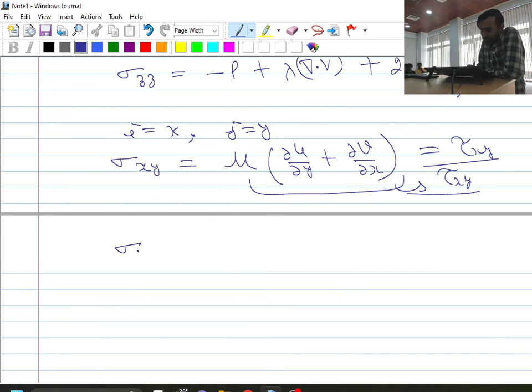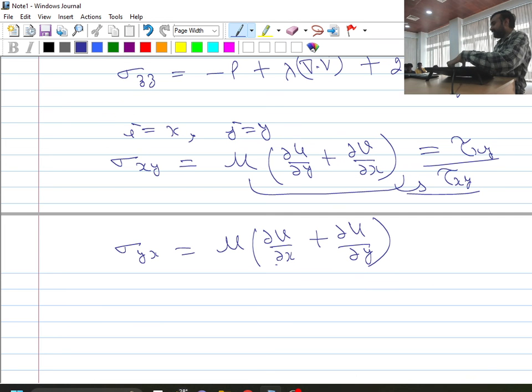Okay. So similarly, if I write sigma yx, what will it be? Mu times del v by del x plus del u by del y, and ultimately this is identical to the previous one. So I can say that tau xy is equal to tau yx.